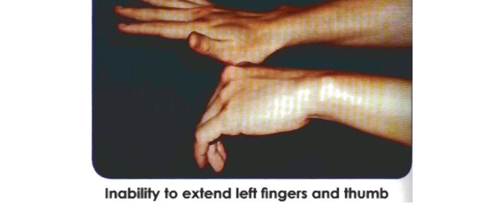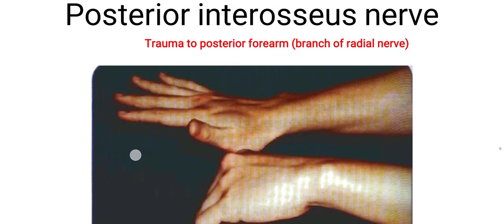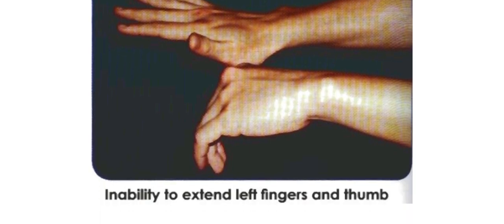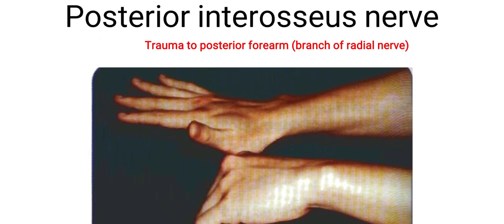Because of this nerve palsy, the patient is unable to extend the left fingers and thumb, but not the entire hand. If the complete hand is dropped down, then we have to think about radial nerve palsy. But here it's the posterior interosseous nerve, so the patient is unable to extend the fingers and thumb but not the wrist.